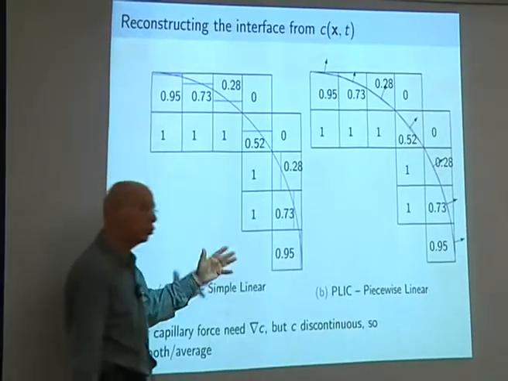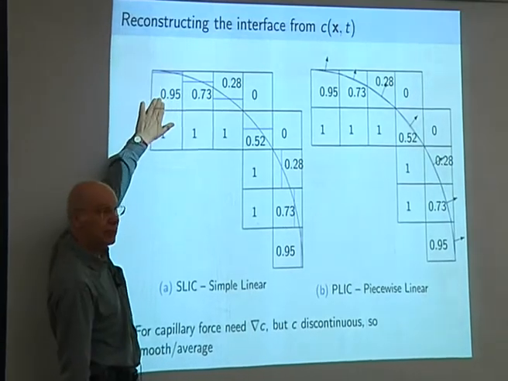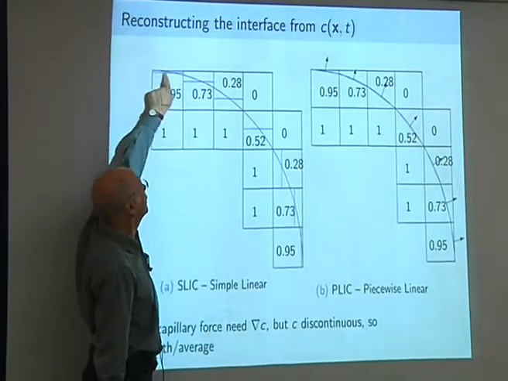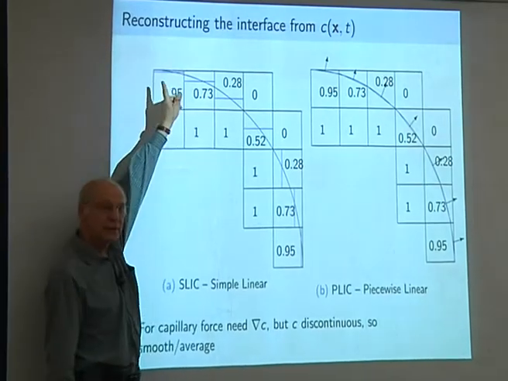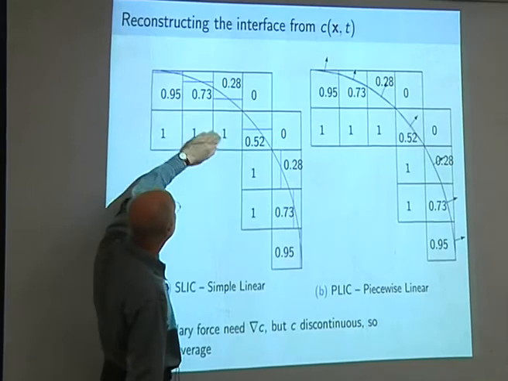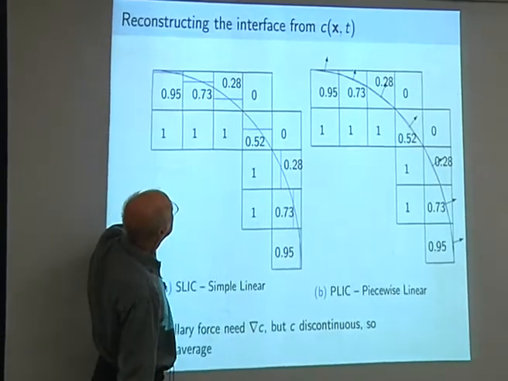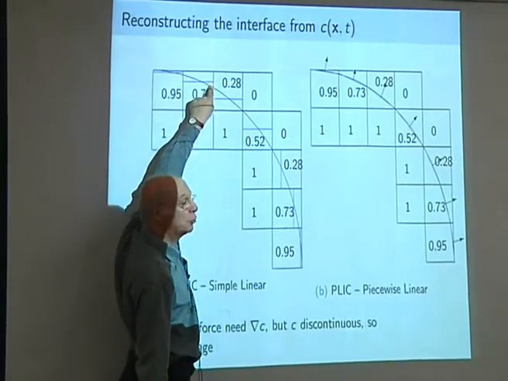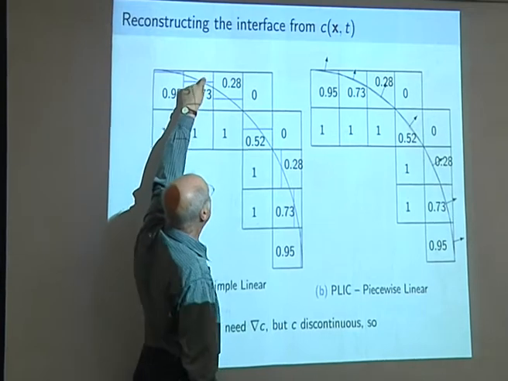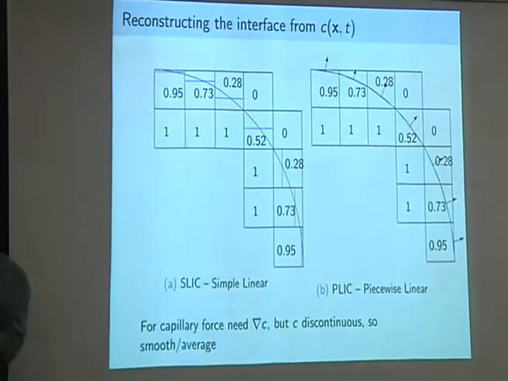The first crude method is to say if it's 1 here and 0.95 here, then it's 1 here, and just at the top 5% it's 0. Similarly, in this case, it's 1 here and 0 up there, so if this is 0.73, it's 73% up is 1, and the last 27% is 0.